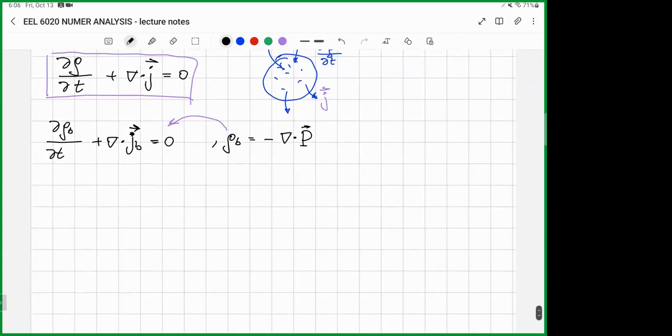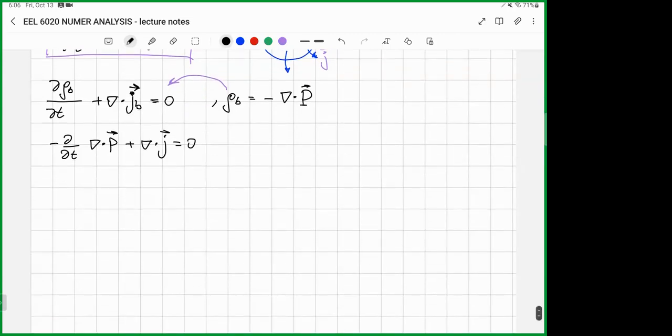So what I get is minus d over dt of the divergence of P plus divergence of current equal to 0. The spatial derivative and time derivative can be exchanged, and I can write it this way: minus nabla dot dP over dt equal to minus nabla dot current bound.